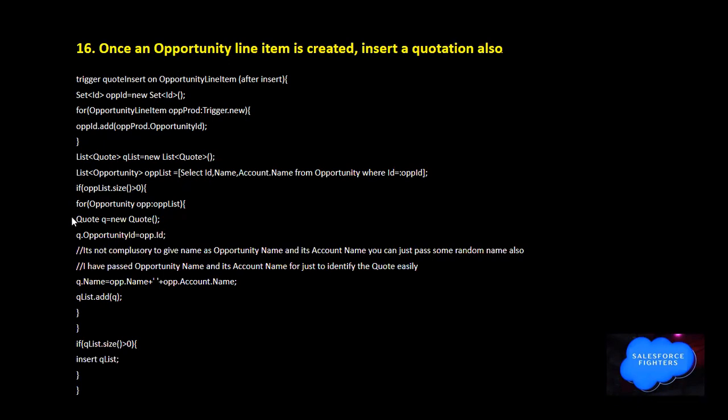If the opportunity list size is greater than zero, create a new opportunity. The opportunity ID is not compulsory, but give the opportunity name and the account name. You can just pass some random names. Also, I have passed the opportunity name and its account name, and you will easily identify it.